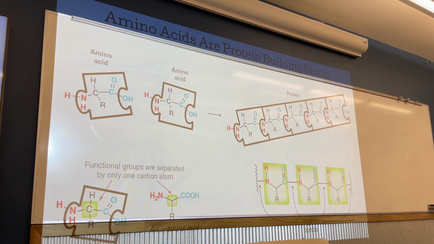Depending on what those R groups have on them, they may form hydrogen bonds. Cysteine is an amino acid that has sulfur as an R group, and so we can form disulfide bonds. All of these things give proteins their structure. Okay? And proteins vary in structure based on the sequence, just like genes vary based on the sequence of A's, C's, G's, and T's.